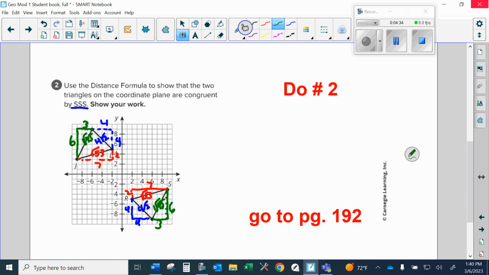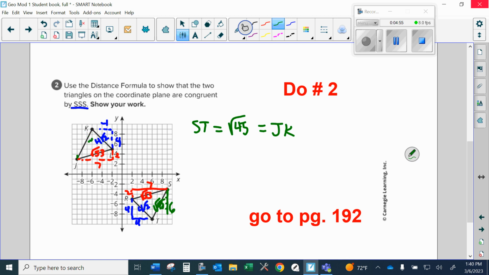Okay, this would be in a box, so you'd end up saying, name the sides. So what is that? ST equals the square root of 45, which is the same as JK.